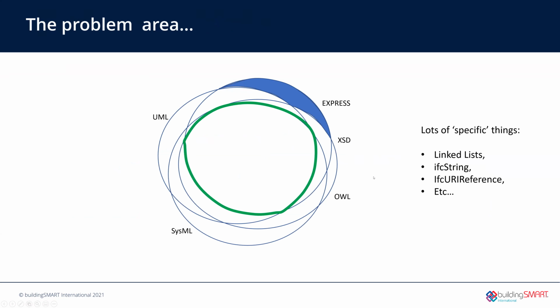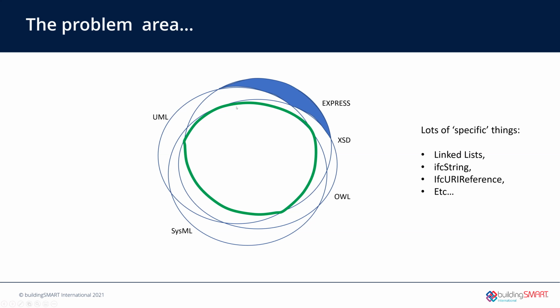There is no real reason to copy these concepts into something similar but different. I see a lot of nodding heads on the webcam, so that's good, I guess. So this is really a problem for us at the moment, and that's also what the technical roadmap identifies as one of the biggest problems of IFC modernization.